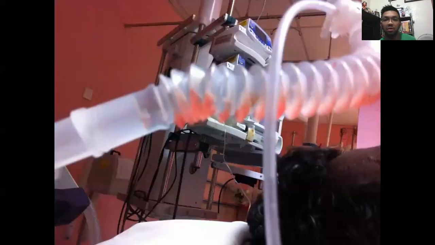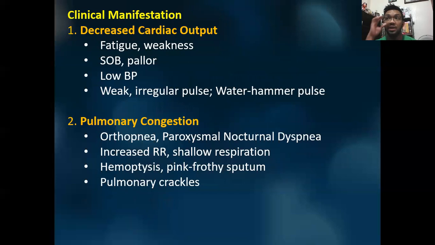Okay, class, take note. For pulmonary congestion, these signs and symptoms are also evident for patients who are experiencing left-sided heart failure. If the left side of the heart fails to pump blood, the tendency is for the blood to backflow into the lungs, resulting in pulmonary congestion.